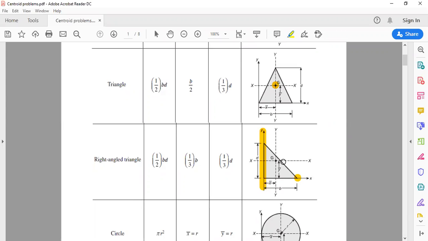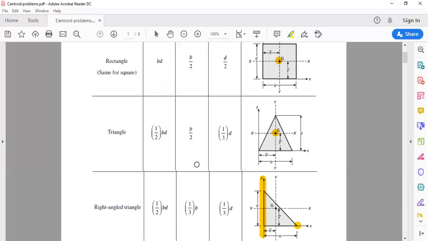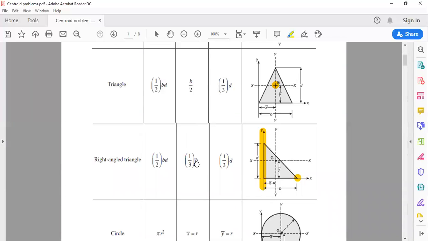So it is 1/3 of b, because you are measuring the distance along the direction in which b is the dimension. So it is 1/3 of b, that is x bar. So you can see x bar is 1/3 b.